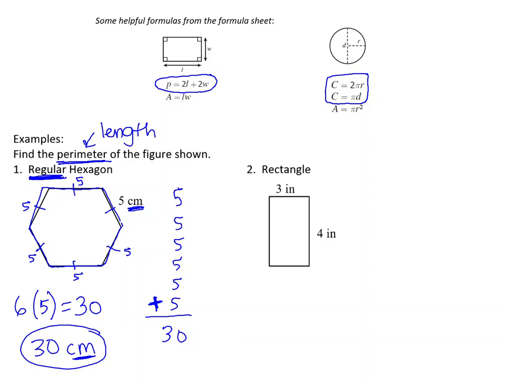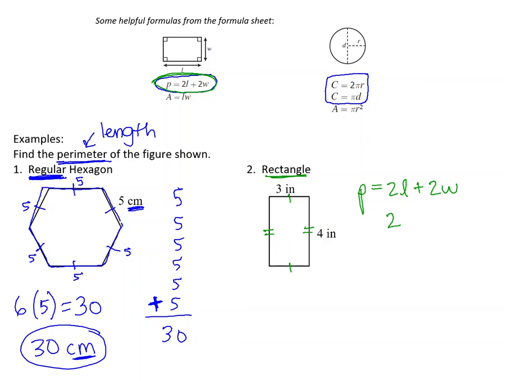Number 2, rectangle. We know that a rectangle has opposite sides that are congruent. So I could just add up all those 4 sides. I could also reference the formula given on the formula sheet. P for perimeter equals twice the length plus twice the width.